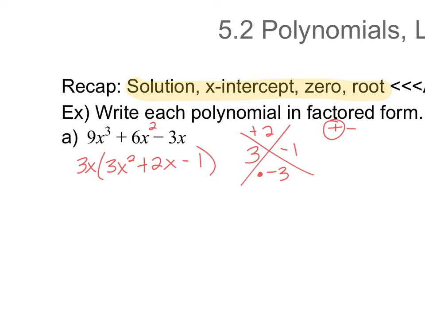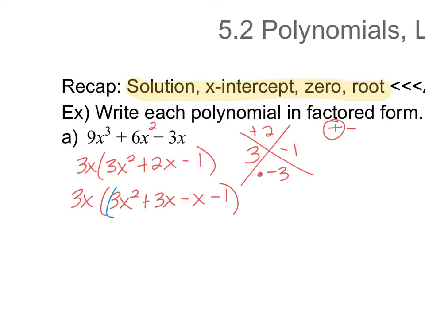Remember, since there is a term out here besides 1, we do have to factor by grouping, so keep that in mind. So we're going to have that 3x, and then this would be 3x squared plus 3x minus 1x, or just x, minus 1.